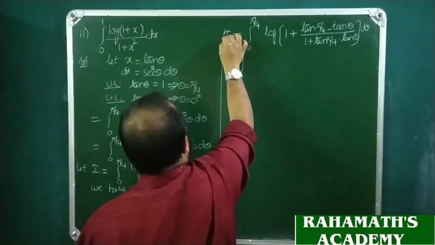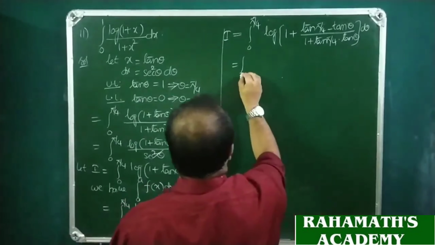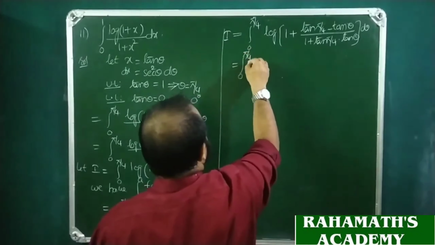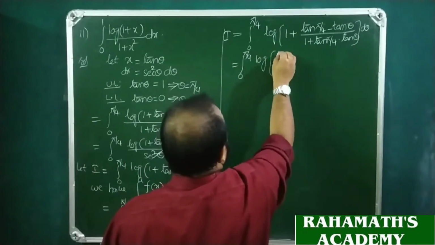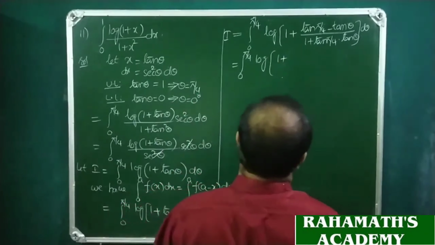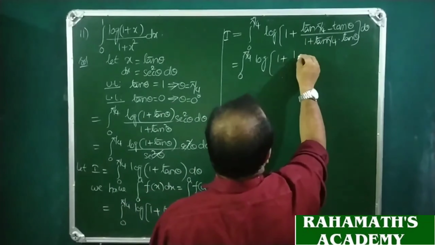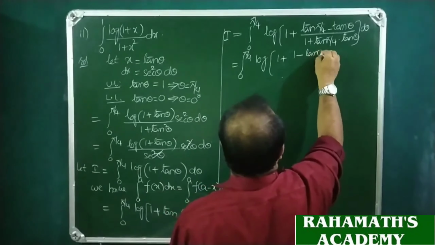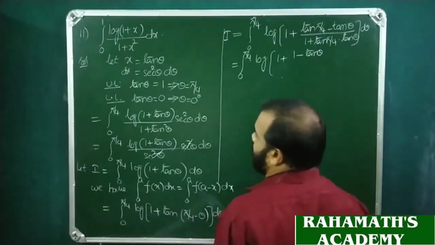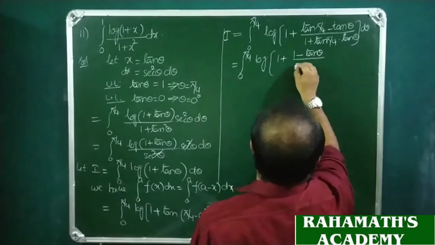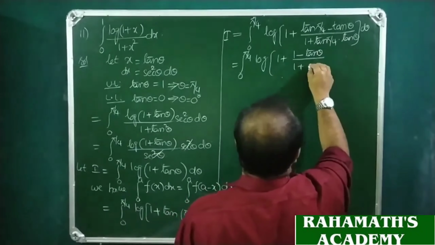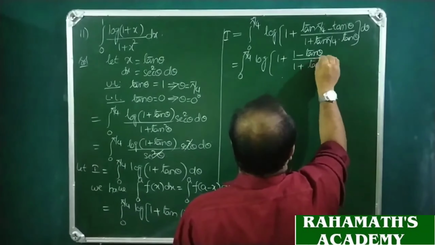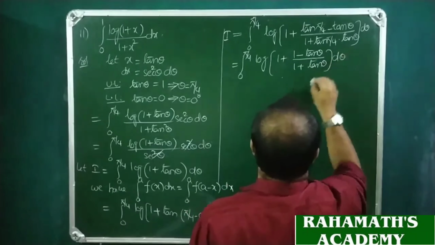This is I. So integral 0 to pi by 4 of log(1 plus (1 minus tan theta) by (1 plus 1 into tan theta)) d theta, as tan 45 is 1.